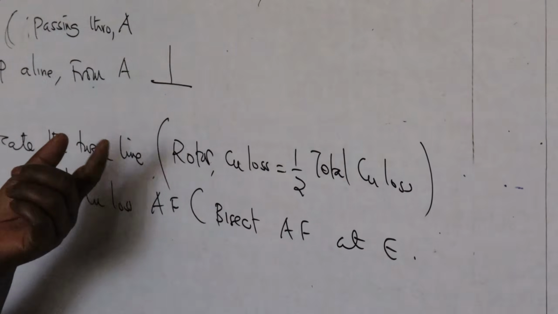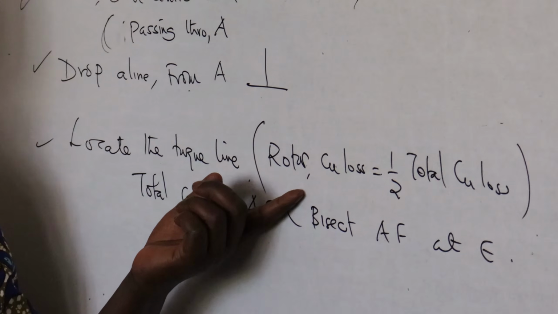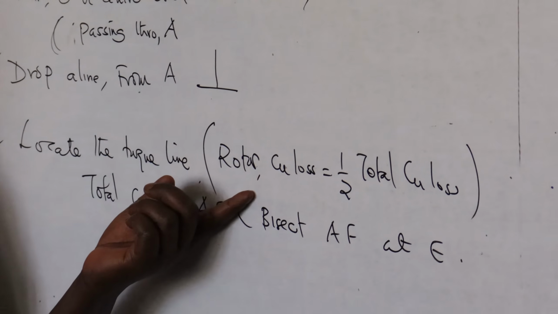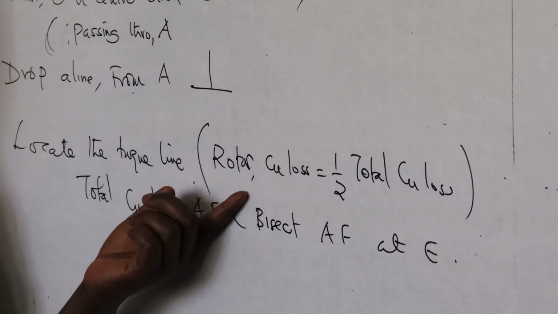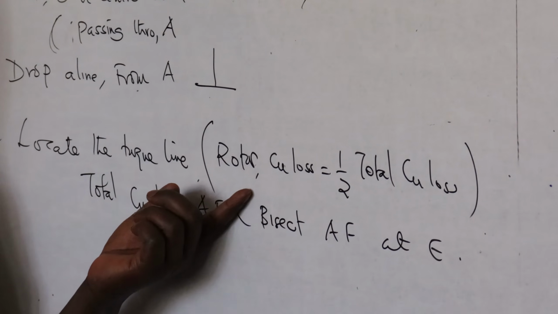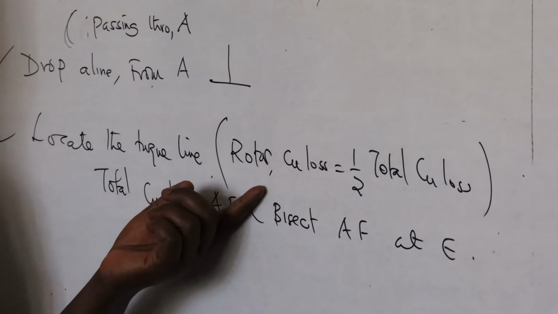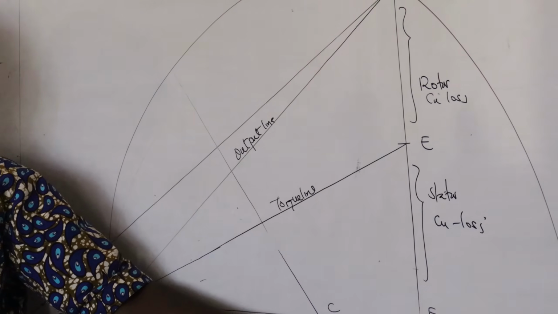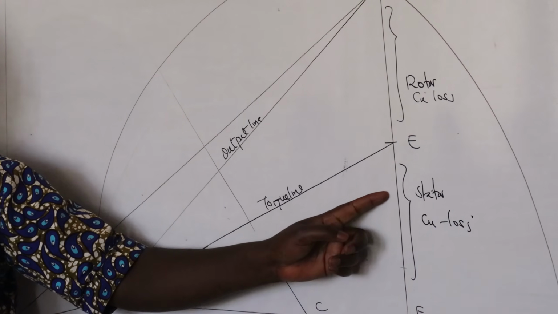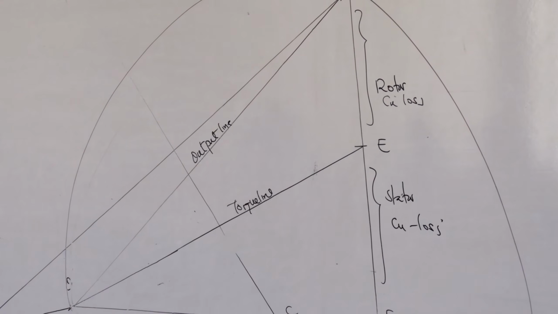In the statement, this statement is there. Read the last statement before you give the data. Where it says the rotor copper loss, that's where we have got an E. So AF is the total copper loss. Therefore, what is half of it? It is the bisector of the same.